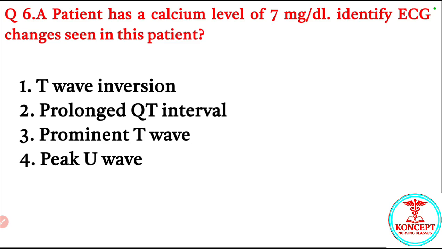Identify ECG changes seen in this patient. T wave inversion, prolonged QT interval, prominent T wave, peak U wave. Correct answer is option 2, prolonged QT interval.